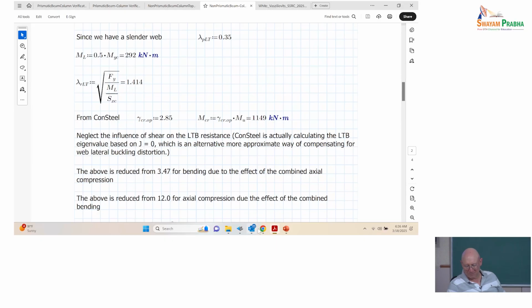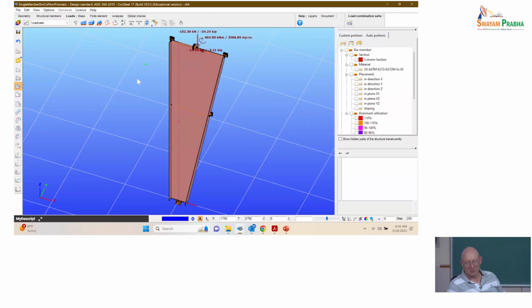Oh, but wait a minute. We go back over here. Here's the column in Consteel. Again, I've got a lateral load and a vertical load here to give me the correct vector component along the centroidal axis at the top. And then our applied moment will come in.